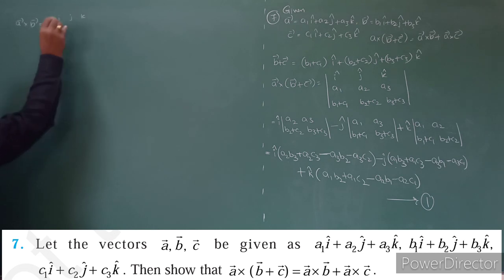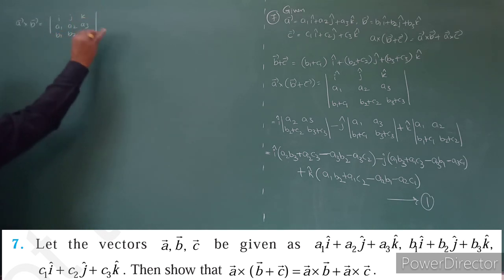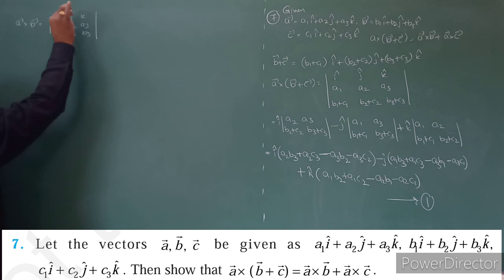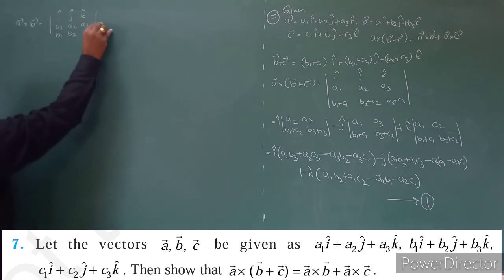A bar cross B bar is the determinant of I, J, K, A1, A2, A3, B1, B2, B3. So what you will get?